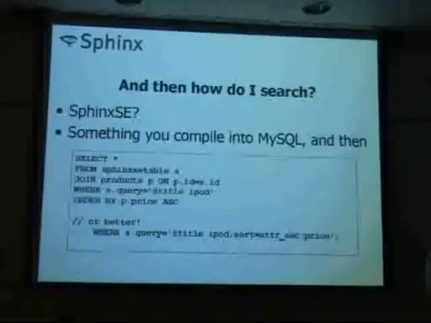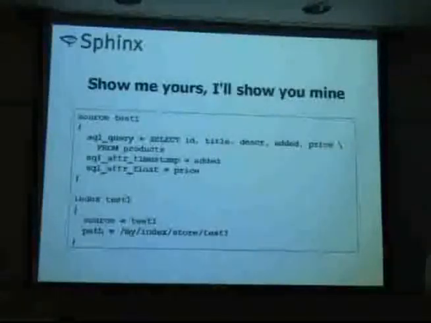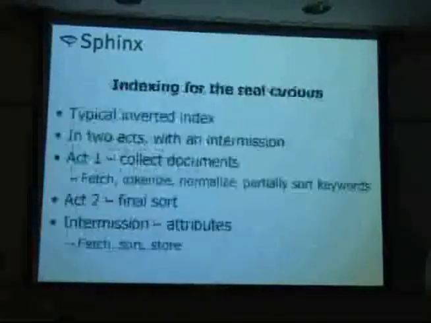This is slow, because joining against the table on the MySQL side and sorting it is unfortunately slow compared to having Sphinx sort the results based on the attribute data that you indexed, that you put into the index on the previous step when you were creating the index.